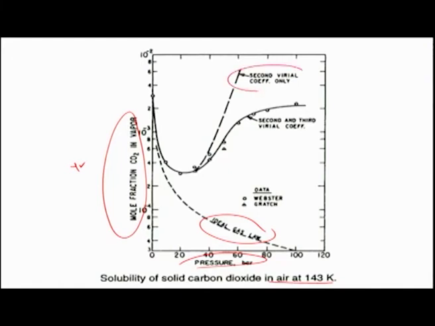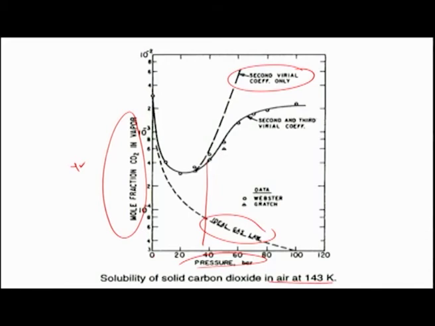If you use the equation of state with only the second virial coefficient, then it can capture again up till a certain pressure, which is up till 40 bar. But for higher pressure, you need to also add the third coefficient in order to get the right equation of state. So, the virial coefficient has its own issues.